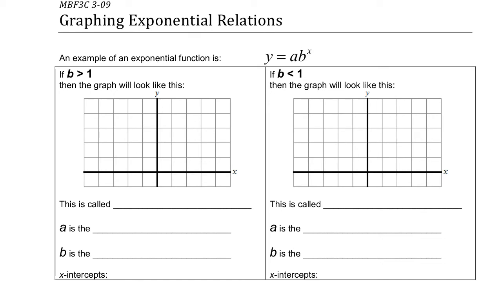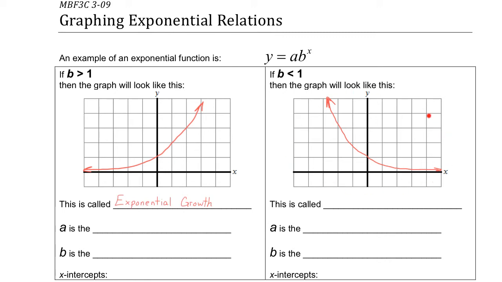I want to start by looking at this value in the equation, the b value. That's the base of the power. If the base is greater than 1, your graph will have this sort of a shape. If your value for b is less than 1, then your graph will have this sort of a shape. Now this shape here, this is called exponential growth.